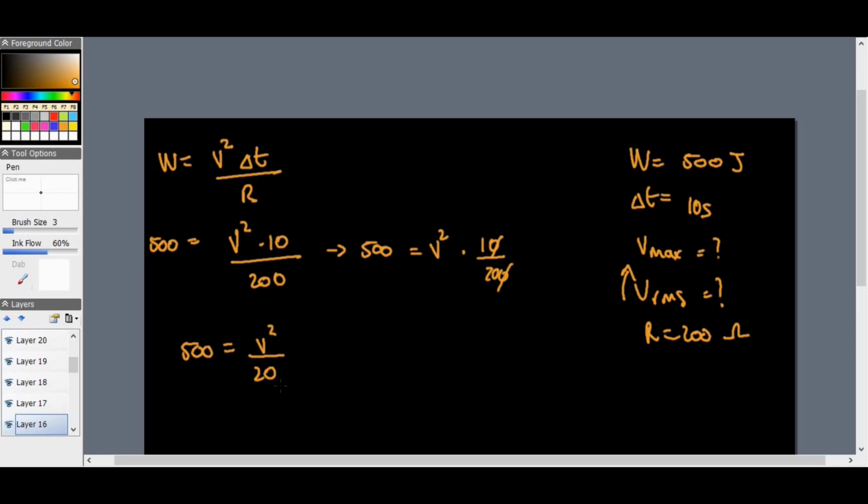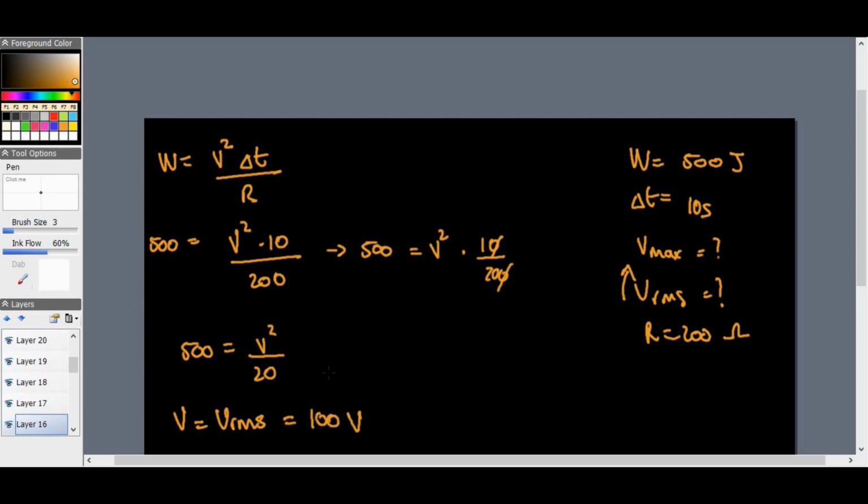Let's do that quickly. 500 times 20 is 10,000, and let's square root that answer once, and we'll get V over here, which is equal to Vrms.